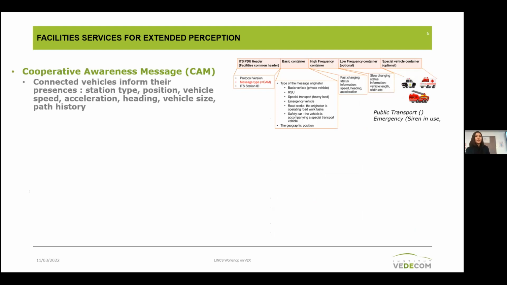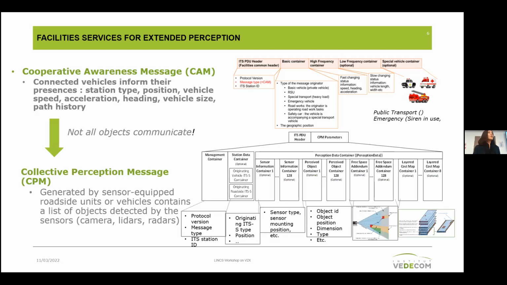First of all, the Cooperative Awareness Message, which was standardized in 2011, many years ago, which requires all the connected vehicles to periodically inform of their presence: I am a vehicle, I am at this place with this speed, with this direction, and so on. This is quite good, but the problem is obviously that not all objects can communicate, right?